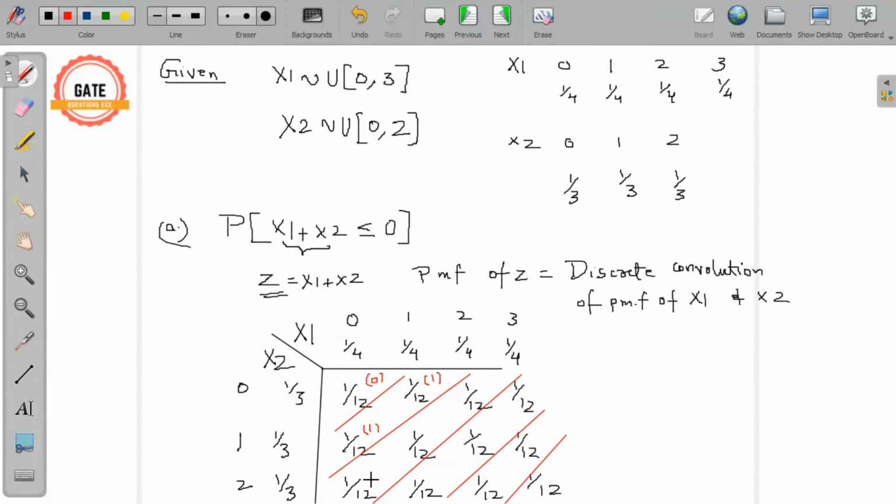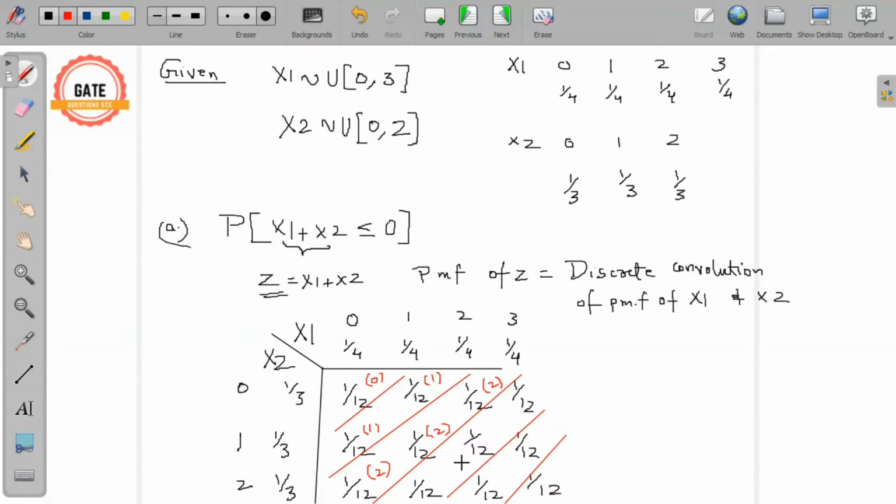Similarly, for this element, z will be 2 plus 0, so it will be 2. Similarly, for this element, the value of z will be 1 plus 1, so it will be 2 again. Similarly, for this element, you can see its value of z will be 2.